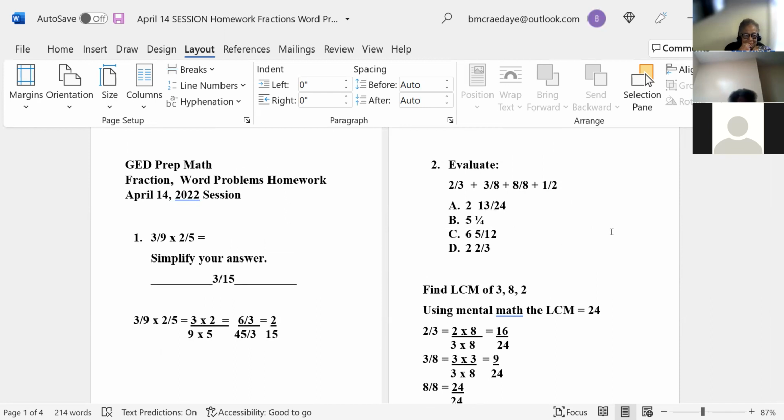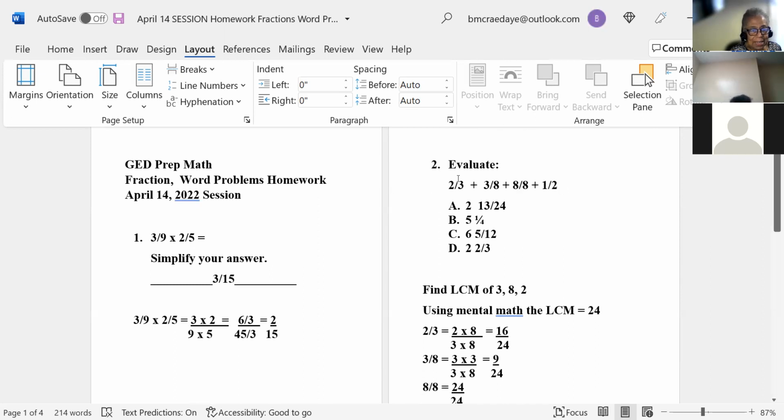Because when you started number 2 and realized that 24 would be the denominator, you said, okay, 24 is my least common denominator. So let me convert all my fractions to a number over 24. And then if I get them all over 24, I can then add my numerators.